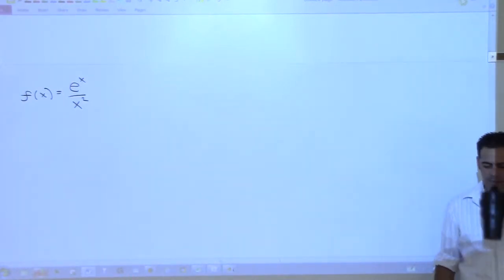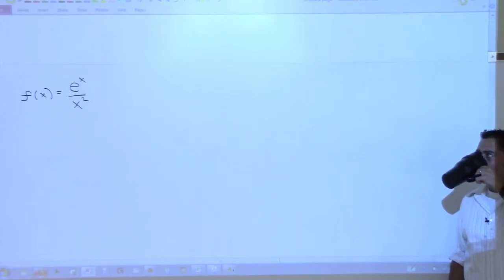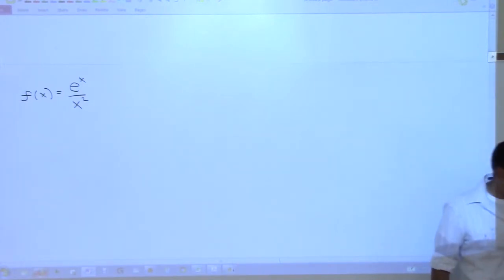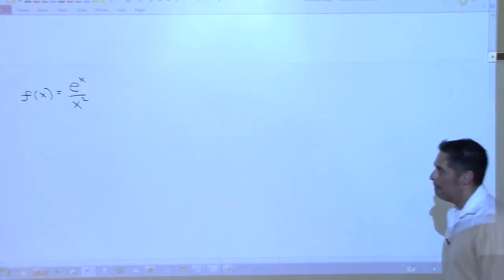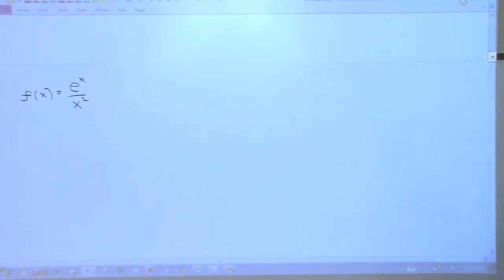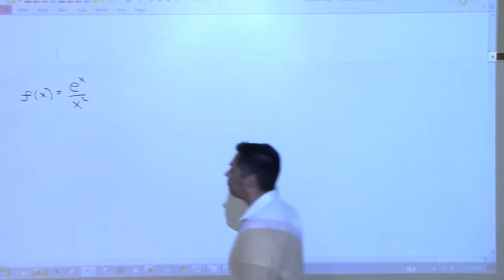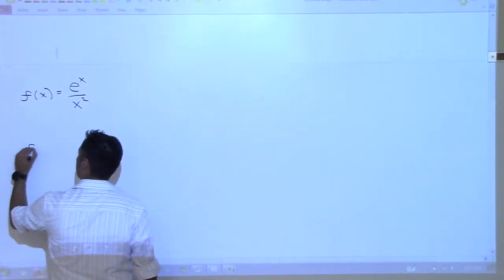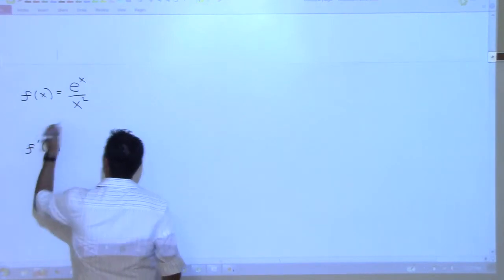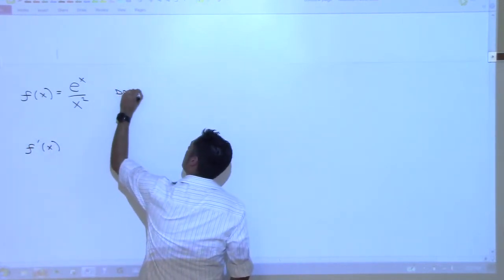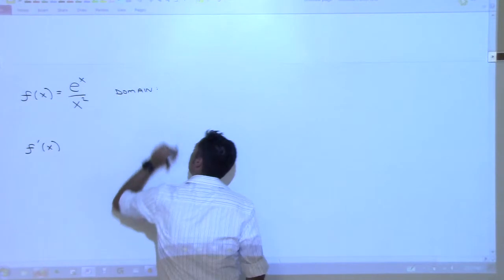Same instructions. So we'll need both derivatives, right? So let's go ahead and get those. First derivative, oh, domain, sorry, we should talk about domain. What's the domain of this function?